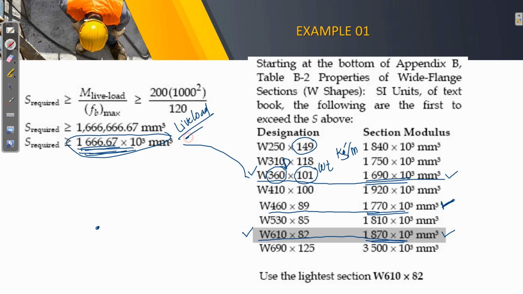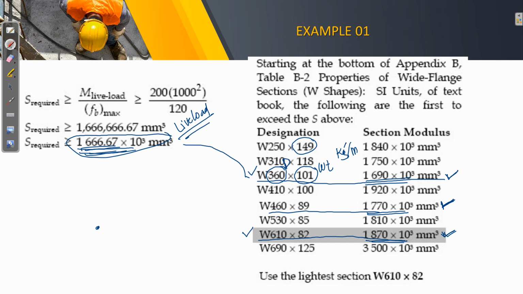It's only derived from your initial loading, that is live load. Your dead load is still not considered here, and you will check that one. So this could be one but must have to be checked. This could be one but must have to be checked also. And all of which should be checked.